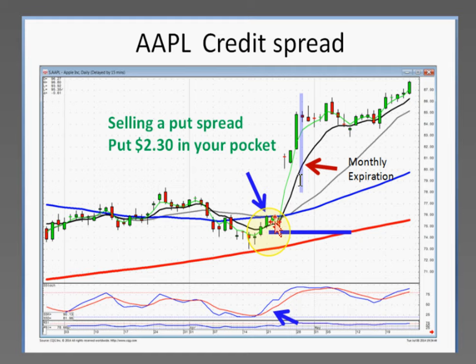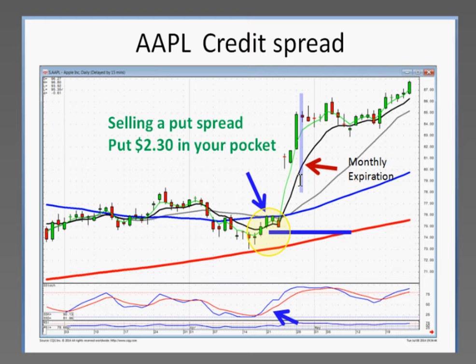Well, because of the premium in the puts, because we anticipate the price moving up based upon a breakout of this pattern, and stochastics are coming up, we're putting $2.30 in our pocket, and our break even in this case is down here below where we've bought it.